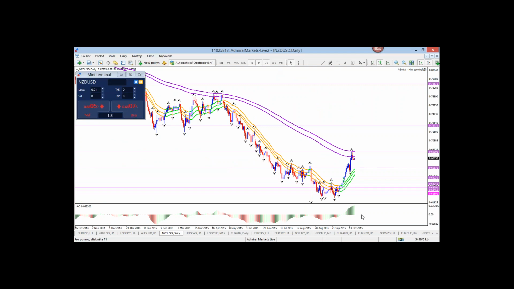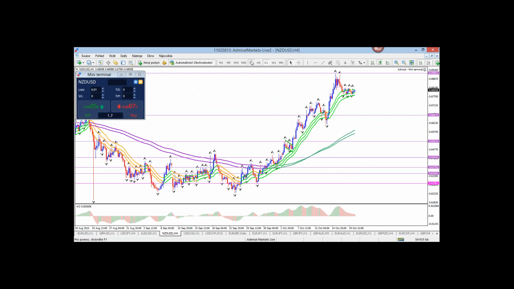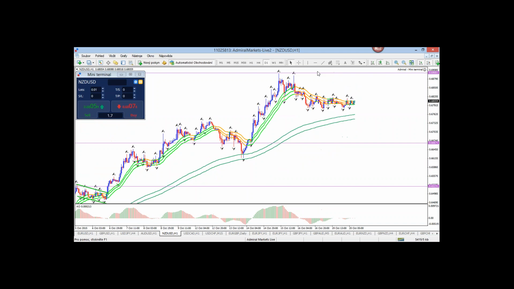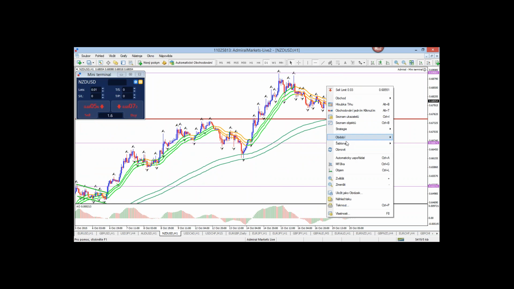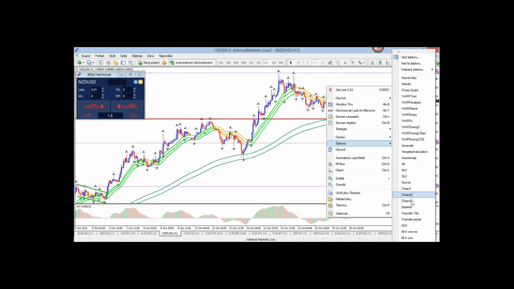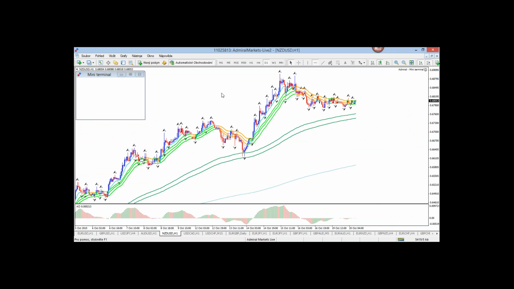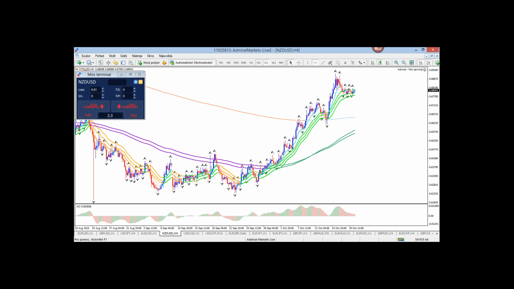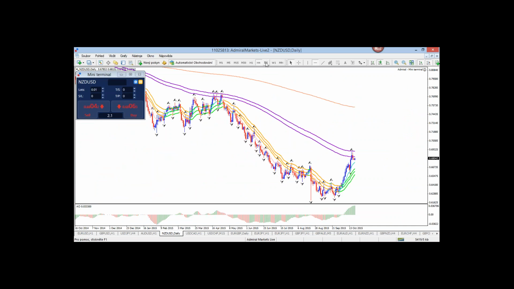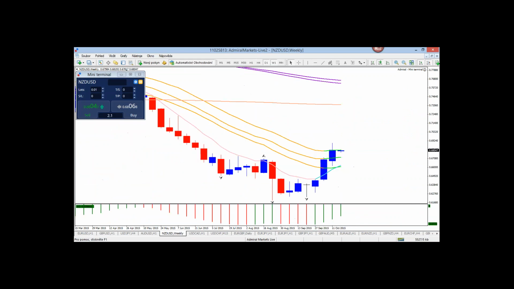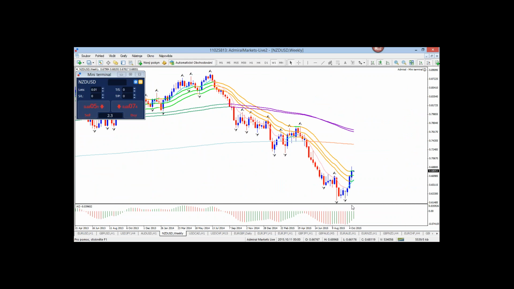So from that point of view, even if it does continue up, it could be a bigger retracement, who knows, maybe even up to here.